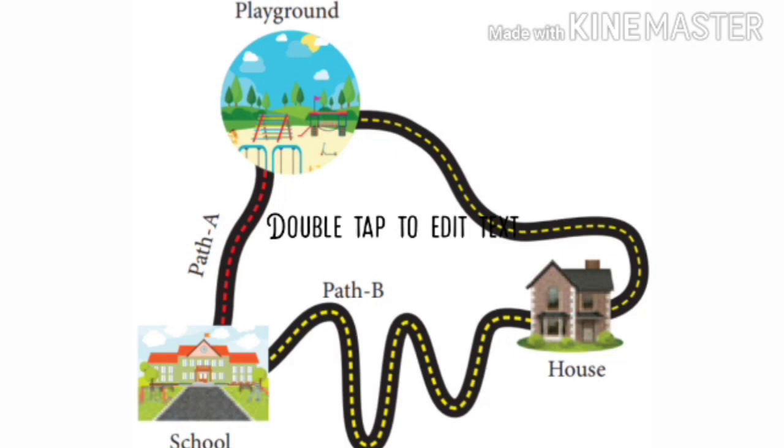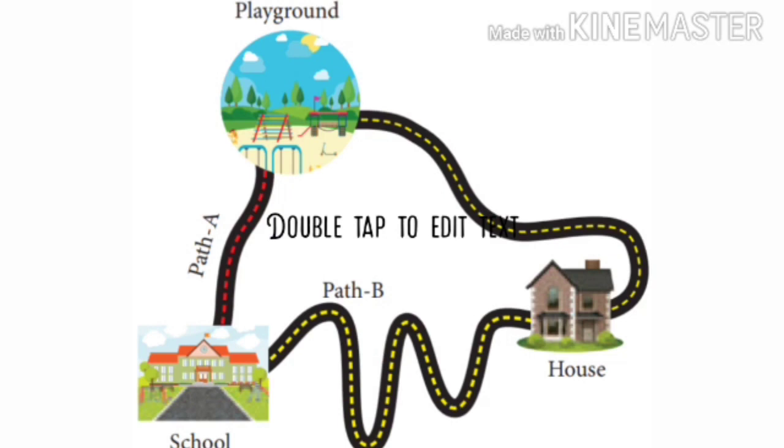One is path A and another one is path B. In this, you choose path A because path A is the shortest distance and path B is the longest distance. So, you choose path A to reach the playground early.